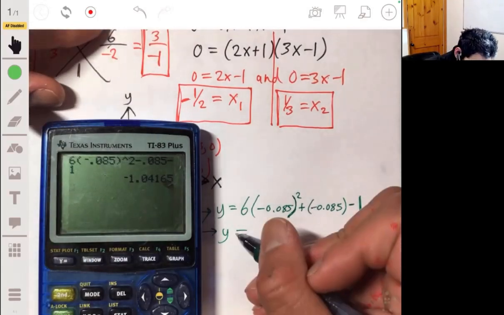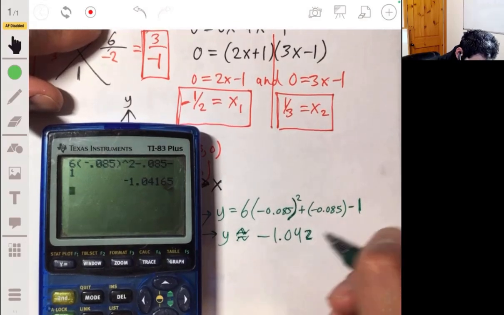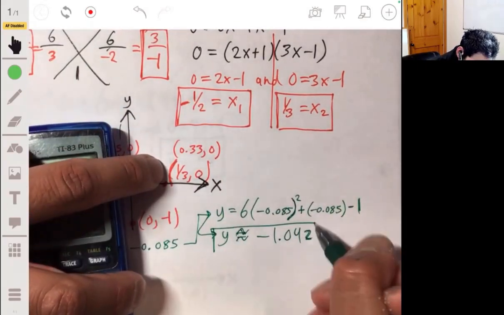All right, negative 1.042. Yeah, that makes sense.